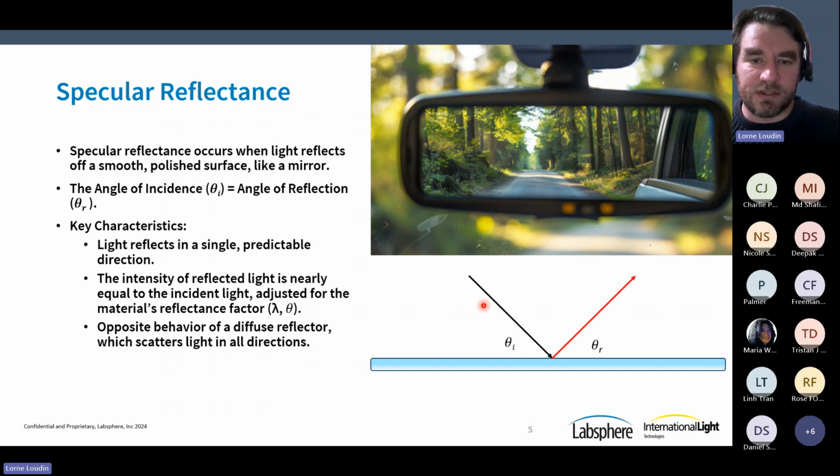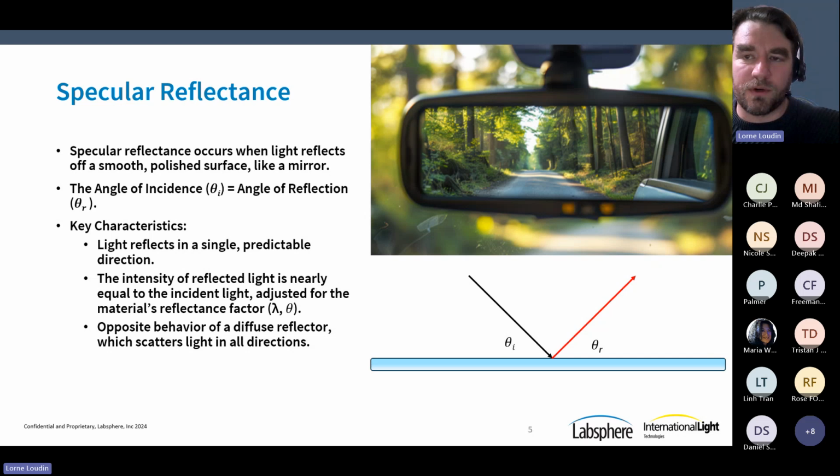So we have to adjust the reflected intensity based on the material's reflectance factor at the given wavelength of interest, and also the angular component.